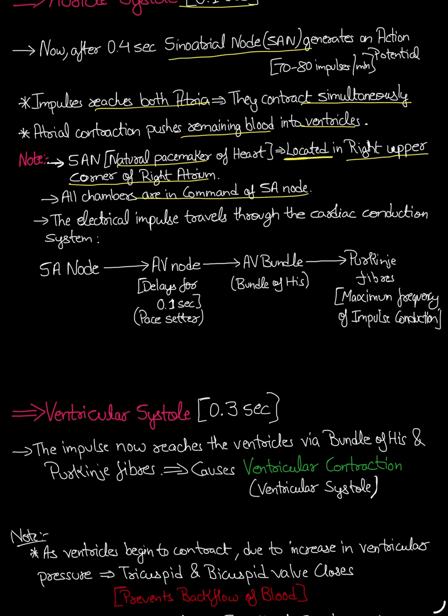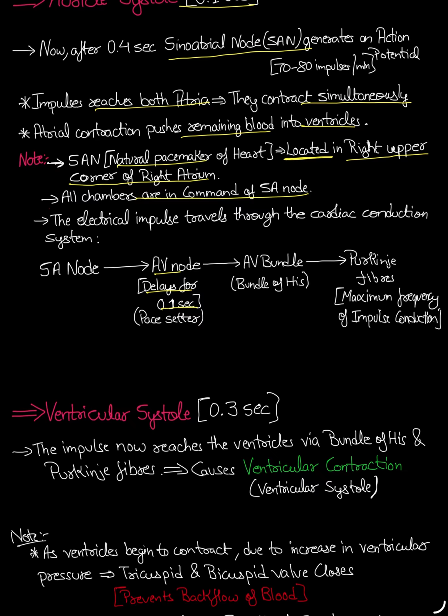These electrical impulses from the SA node travel through the cardiac conduction system. The SA node goes to the AV node, and at the AV node, this conduction is delayed for 0.1 second. This atrioventricular node is very important because it delays the impulse for 0.1 second.